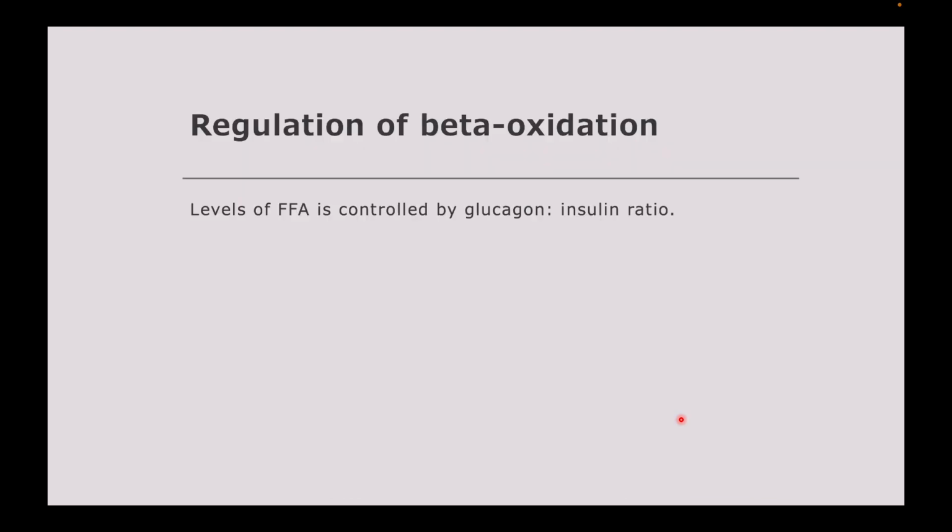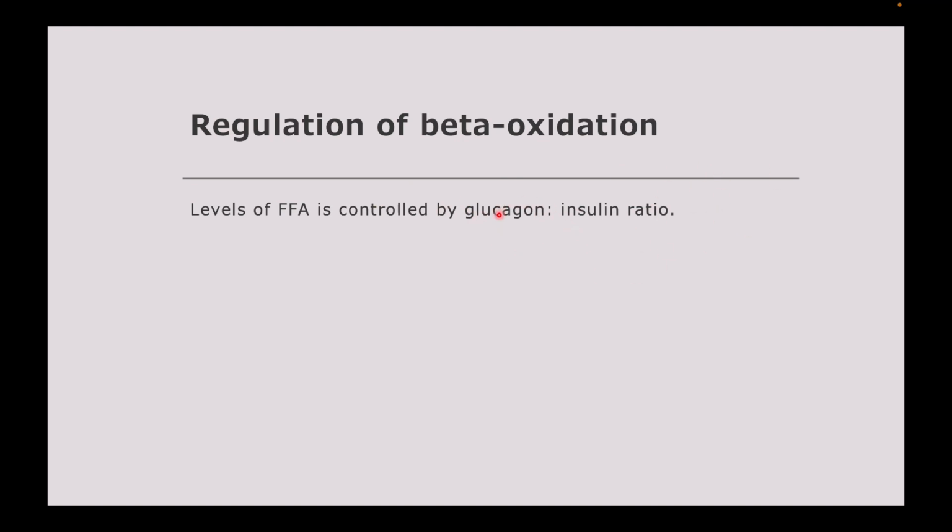And now what we are going to talk about is the regulation of beta oxidation. Like what steps regulate this reaction? So the important factor is the fatty acids, because this whole reaction is based on the amount of fatty acids, which is controlled by the glucagon to insulin ratio.